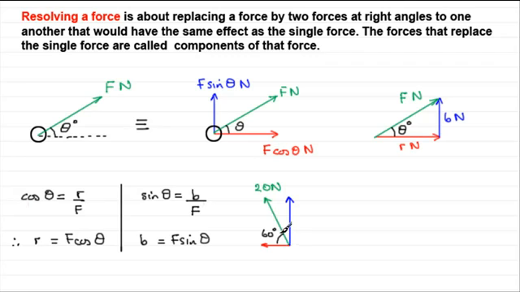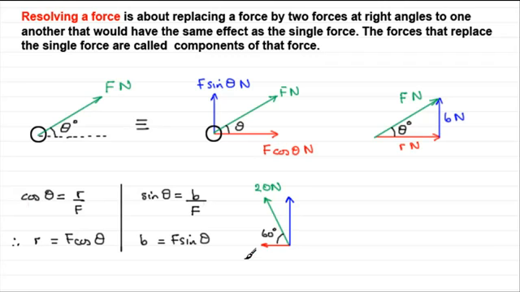You'll see that the 60 degrees is contained between the resultant force of 20 newtons and this force here. On the blue force, you'll see it's excluded; there's no angle in there. We haven't written the 60 degrees in this space. When it comes to the components, the one that contains the angle is going to be your force, 20 newtons in this case, times the cosine of your angle.